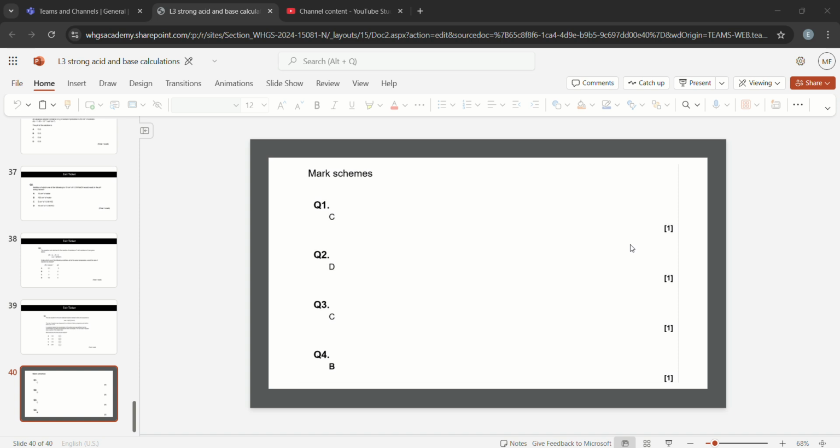Well, remember, as H plus ions increase, the pH decreases. So what we want is the concentration of H plus ions to increase, obviously.